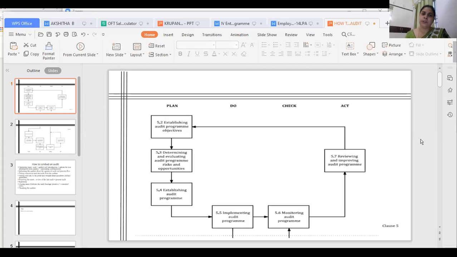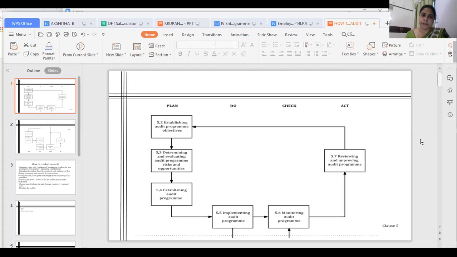Then, after setting up your objectives, you are going to determine and evaluate the program, keeping in mind risks and opportunities. Once you do this evaluation, you are going to establish an exact audit program, keeping these two things in mind.